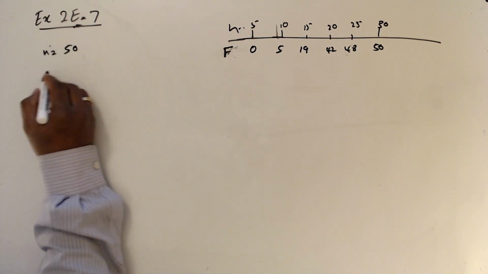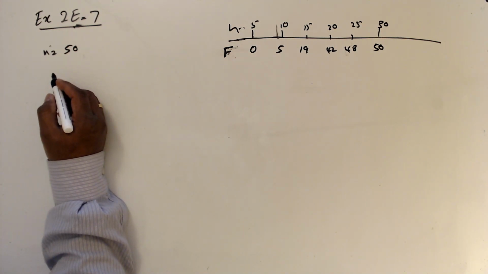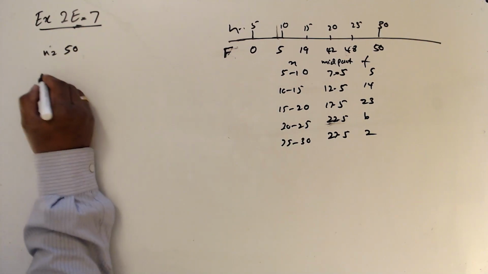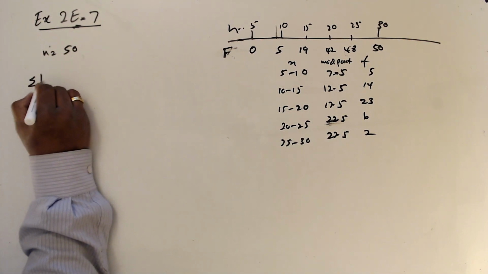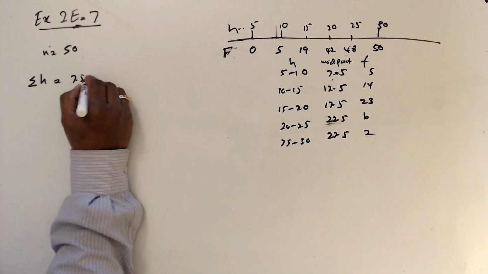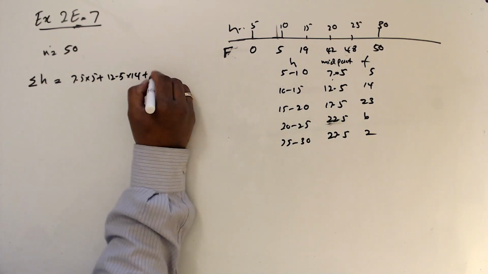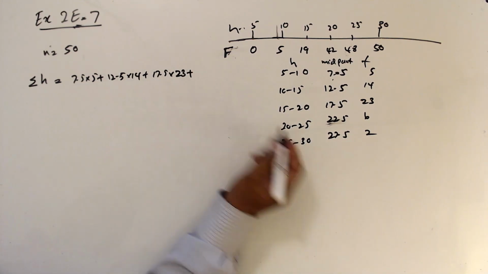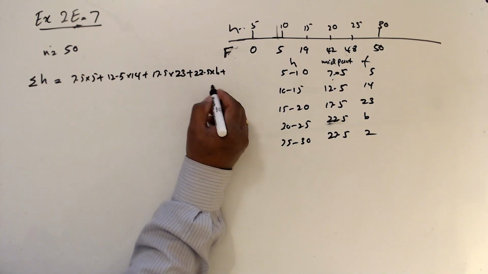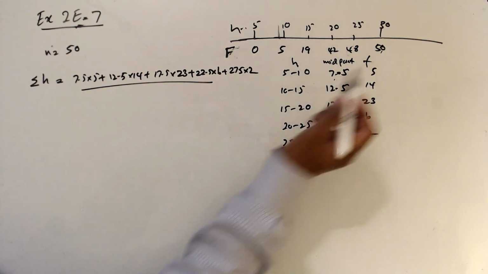N equals 50, summation. So this is X, the class interval midpoint, and then this is frequency, and then we want to get summation H, that is 7.5 times 5 plus 12.5 times 14 plus 17.5 times 23 plus 22.5 times 6 plus 27.5 times 2, divided by 50, the total frequency.